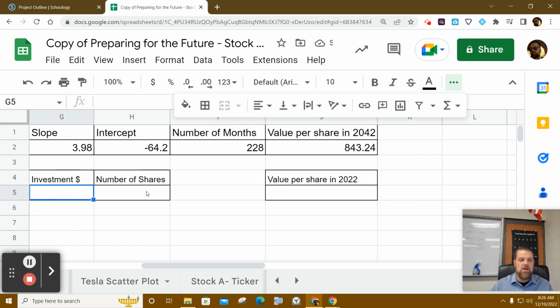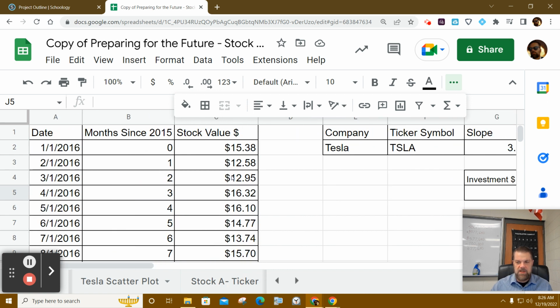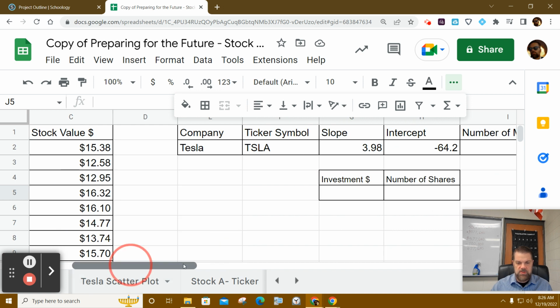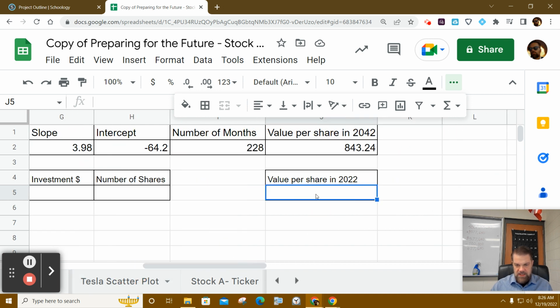The investment amount we're going to type in, but this is a calculation. The value of shares in 2022 is going to vary for each stock, right? So let me show you this trick. I'm going to let this pull this value from the data that I copied and pasted.